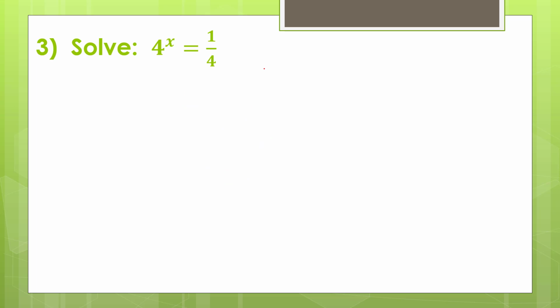4 to the x power is equal to 1/4. Now, this one's going to take a little bit of manipulation, because we can see I have a base of 4 and I have a base of 1/4. But remember that 1/4 is also 1 to the first power over 4 to the first power.